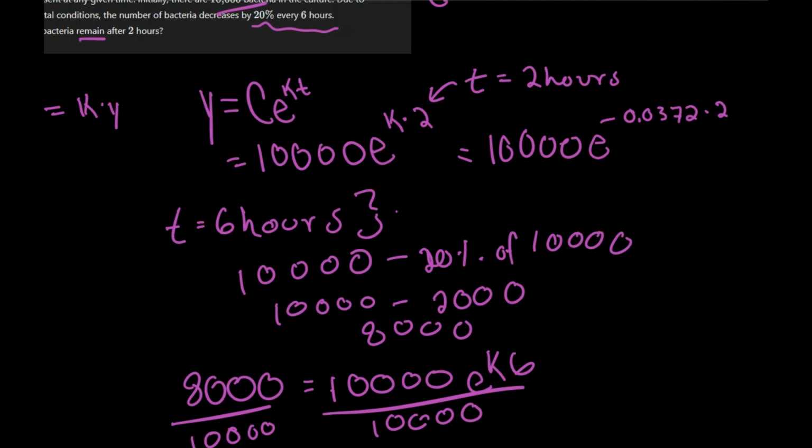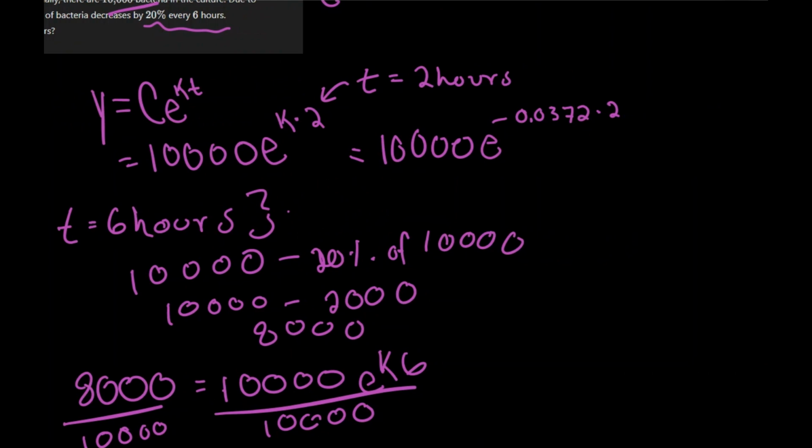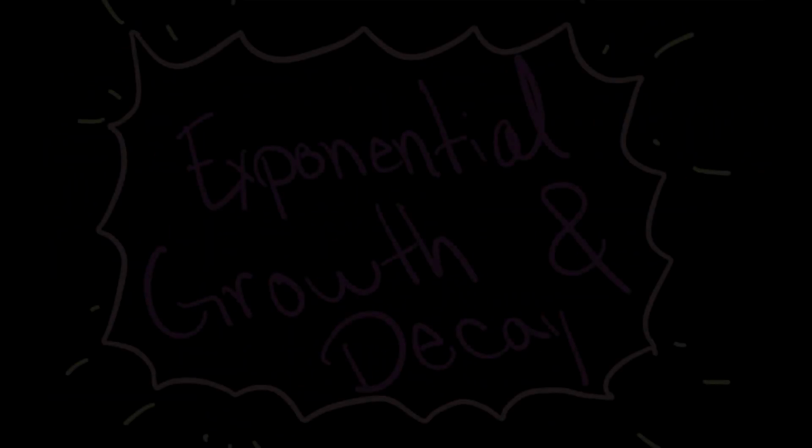We plug that into a calculator, and we should get 9,283. So the answer to this continuous compound problem is 9,283 bacteria remaining at 2 hours.